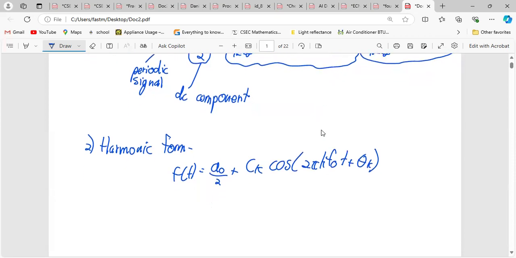Right? So that's your harmonic form of the Fourier series. They use this form for spectrum. Always remember, spectrum. This is the form you need to go through to get the spectrum, and this form gives you the single-sided spectrum. So you have to remember that.